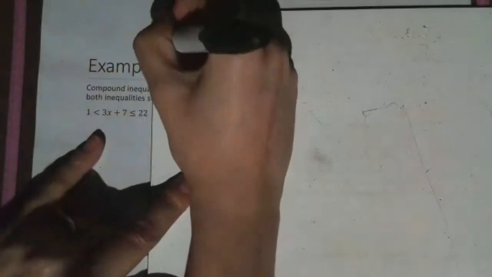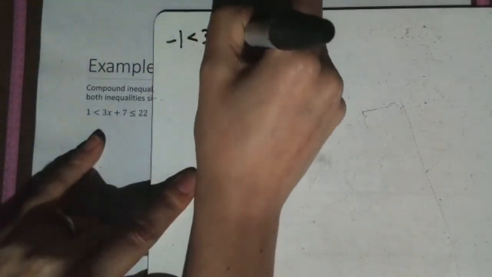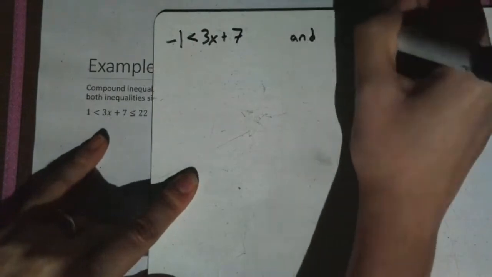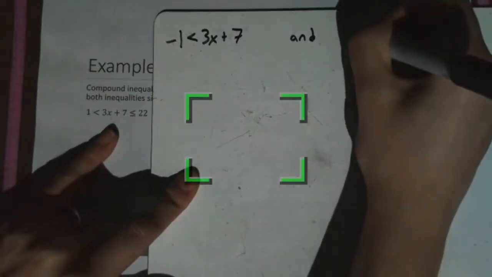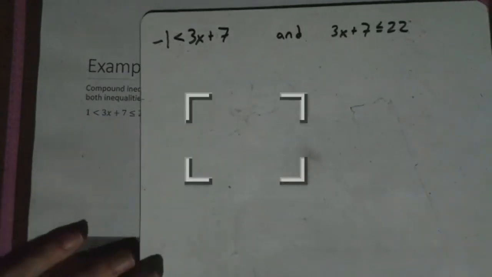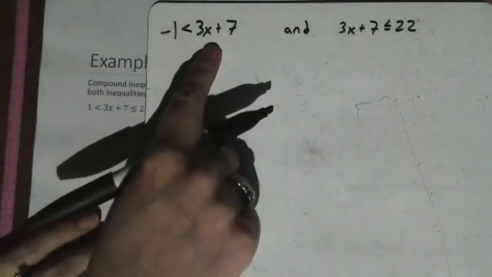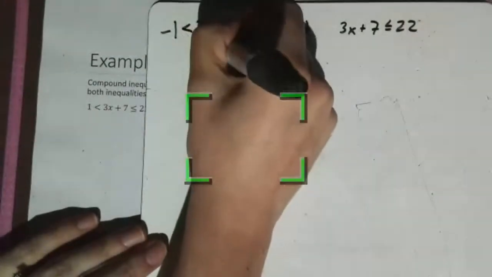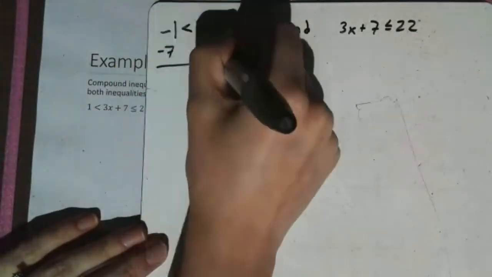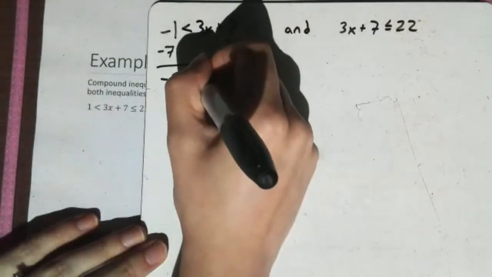So what this is saying is -1 is less than 3x plus 7, and 3x plus 7 is less than or equal to 22. I'm going to solve each of these inequalities. So to get x alone, I'll subtract 7.